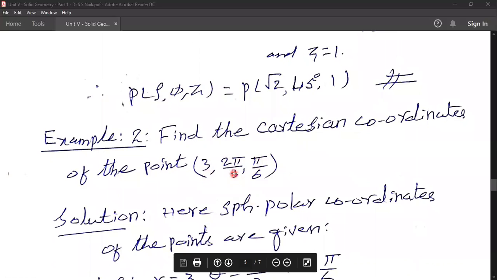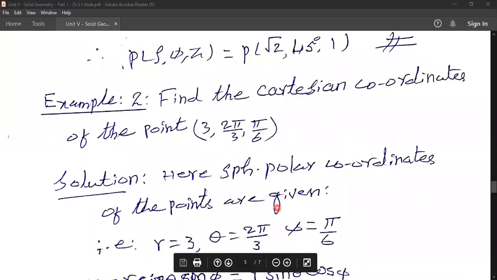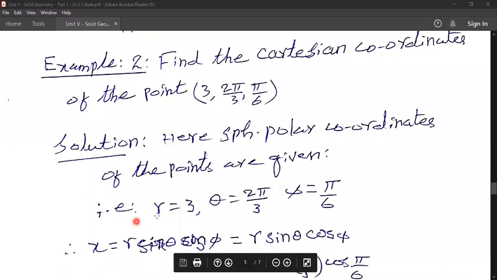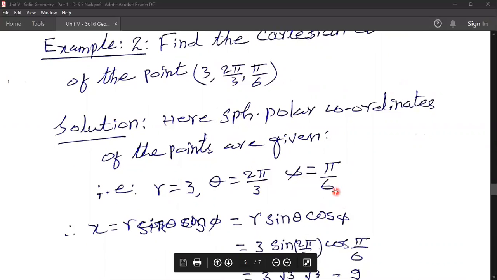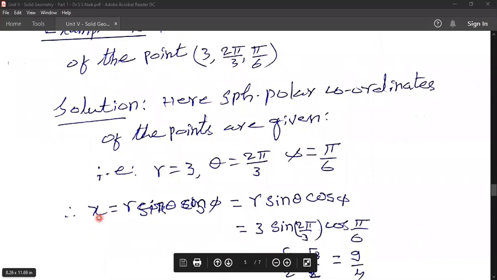So this is r, theta and phi. r is equal to 3, theta is equal to 2 pi by 3 and phi is equal to pi upon 6. Here the spherical polar coordinates of the point are given. Then we'll go for the formula, that is x is equal to r sine theta cos phi.